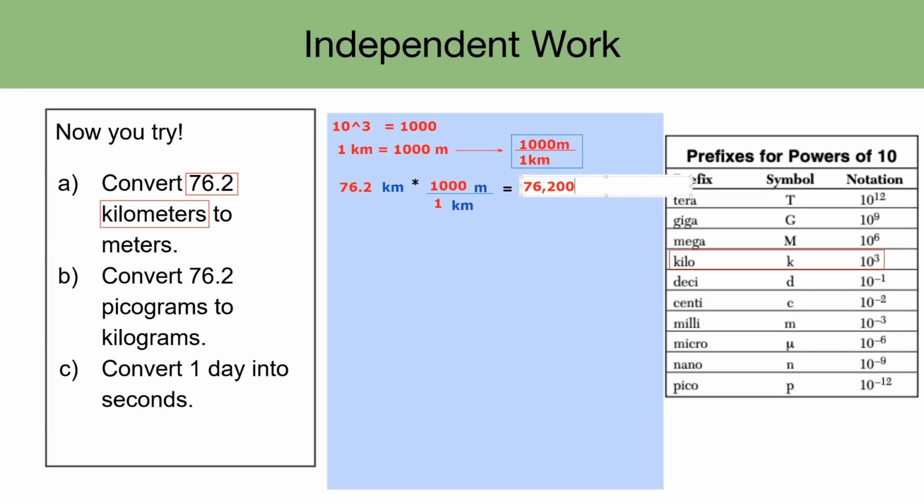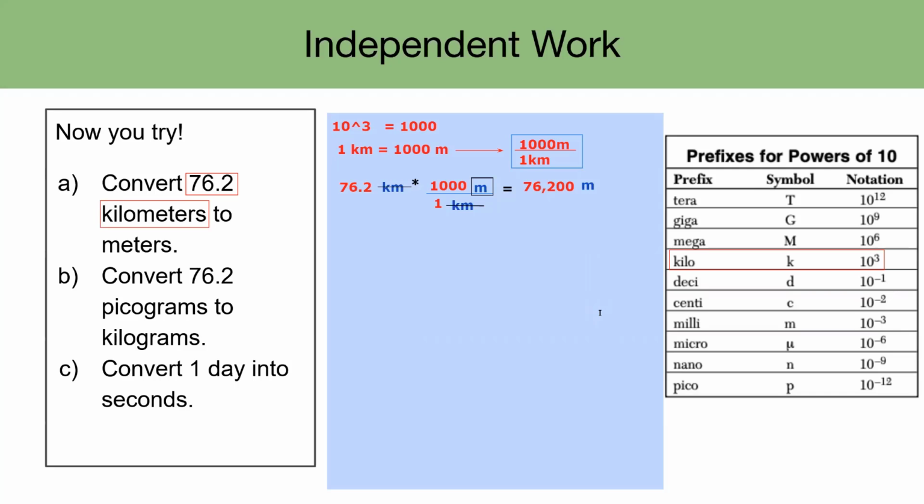So it would just be 76,200. And the unit that we're ending in is going to be meters. The reason for this is because while we're doing the math here, we actually are going to have the kilometers cancel out in our equation, like this. So the only unit that we're actually left with is going to be our meters. So we take our meters and they go right there.